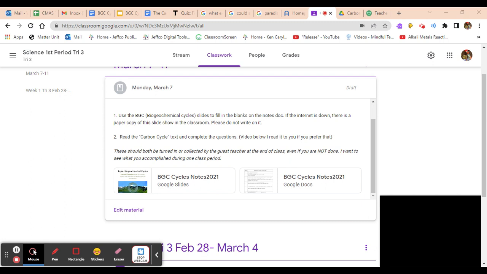How does this cycle work? Well, carbon combines with oxygen in the atmosphere to form carbon dioxide. This gas is taken in by plants to make food during photosynthesis. The carbon from carbon dioxide becomes part of the plant, while the oxygen is released into the atmosphere and inhaled by animals.